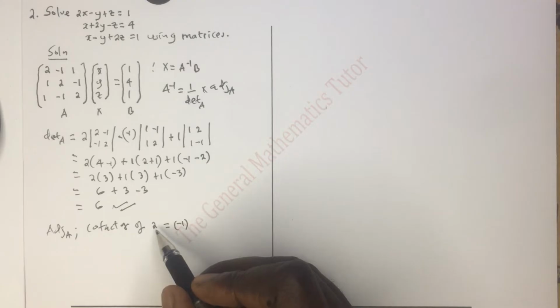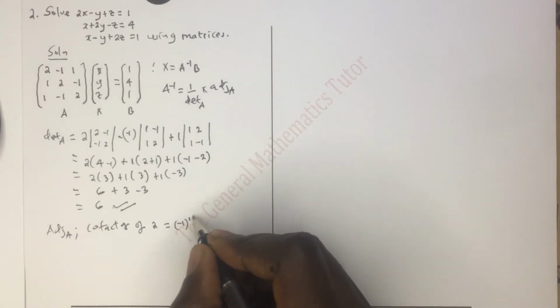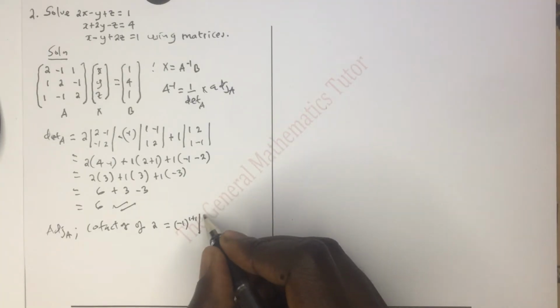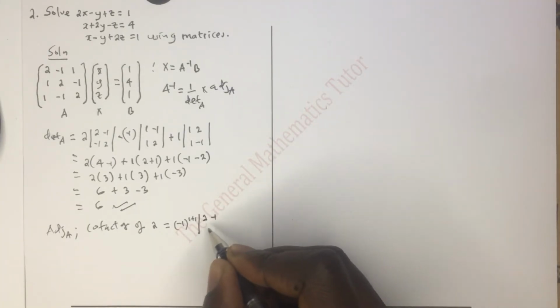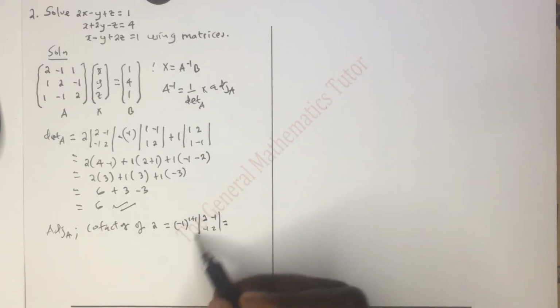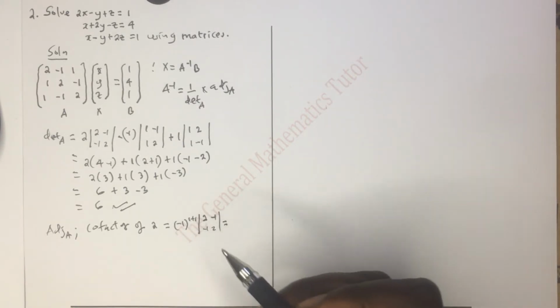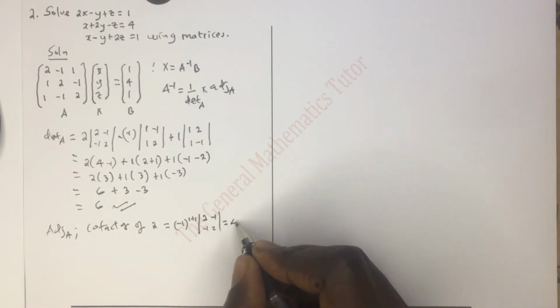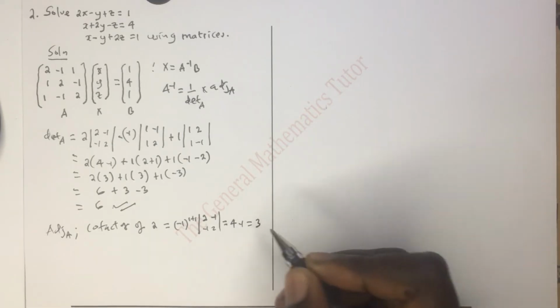So 2 is in row 1, column 1, so that is 1 plus 1. When you cover its row and column, the matrix that is left is 2, negative 1, negative 1, 2. This is positive because the power is even. So we have 2 times 2, that is 4, minus 1, which is just 3.